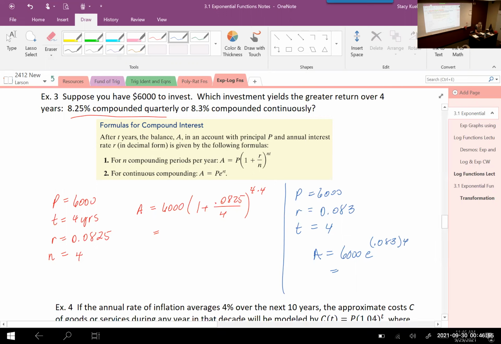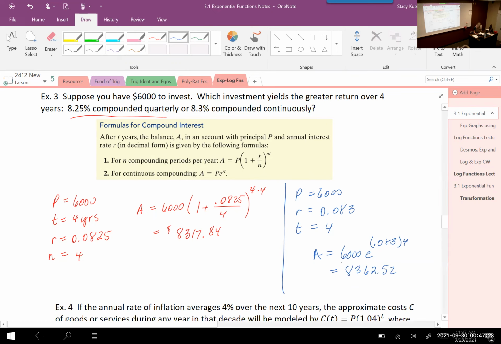So make sure that you can get these values here. You should have $8,317 and I think 84 cents for the quarterly, and then you have $8,362.52 for continuous.